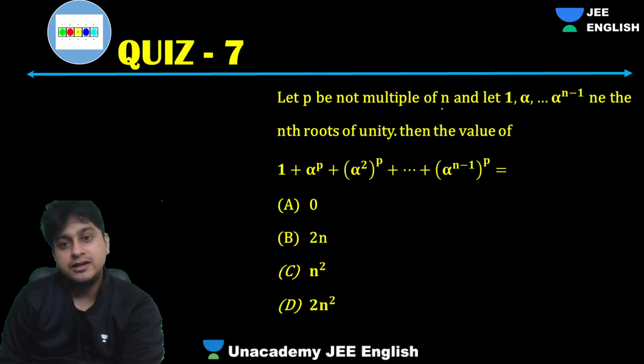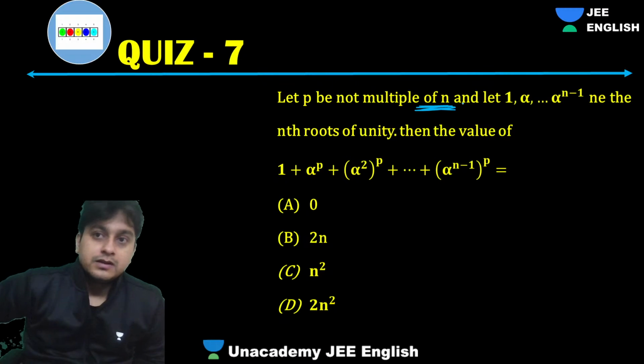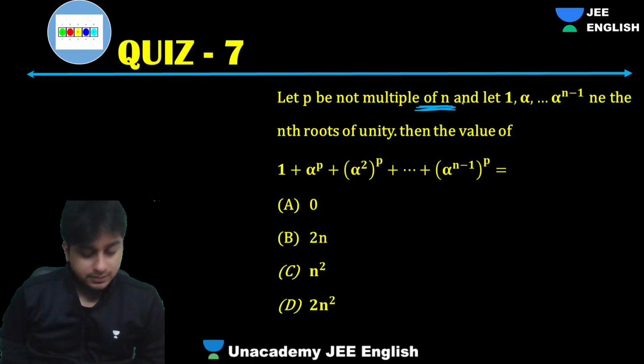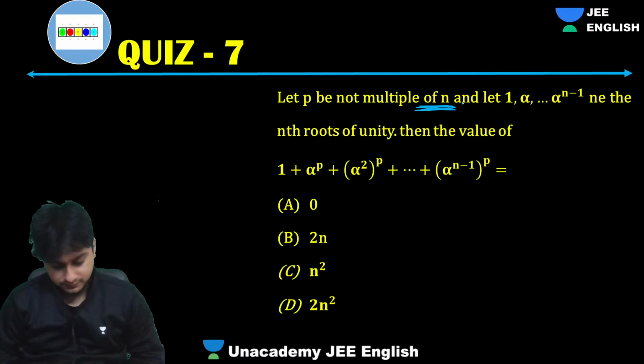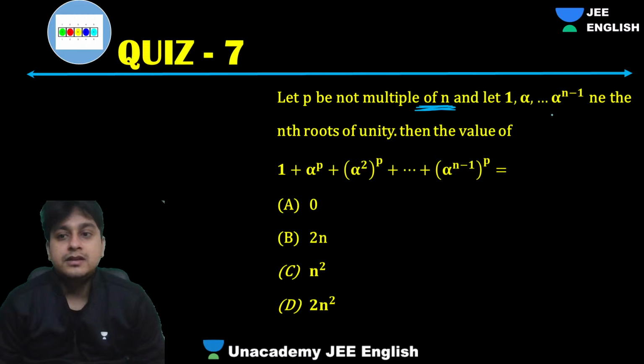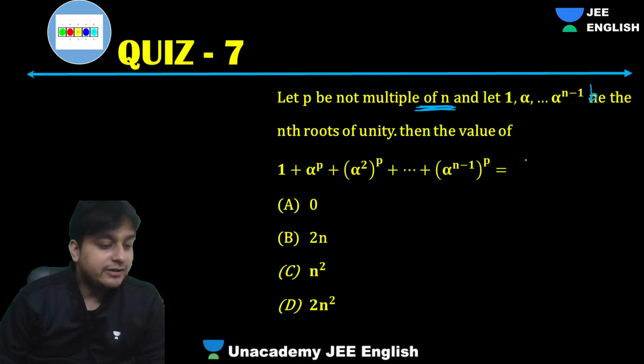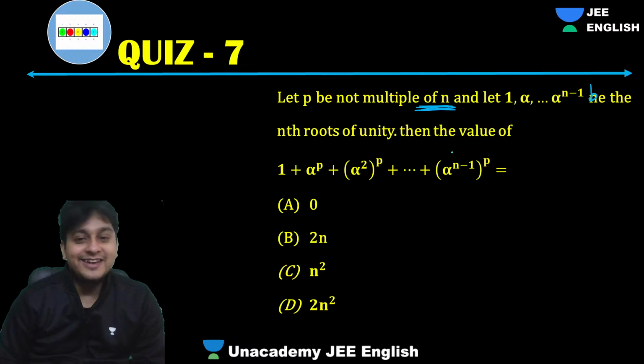If p is not the multiple of n, then let this be the nth roots of unity, then the value of 1 plus alpha power p, alpha square power p will be what? Very good, Sakshi. Fantastic. Very nice.